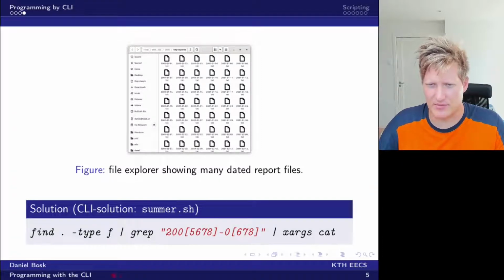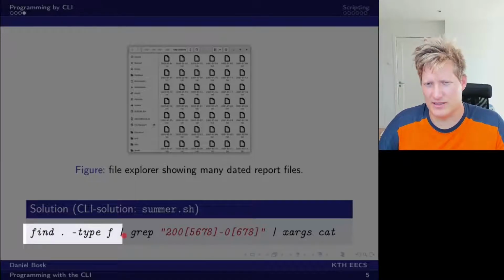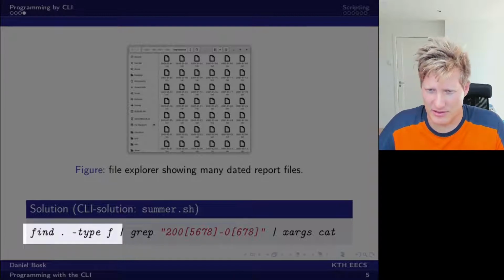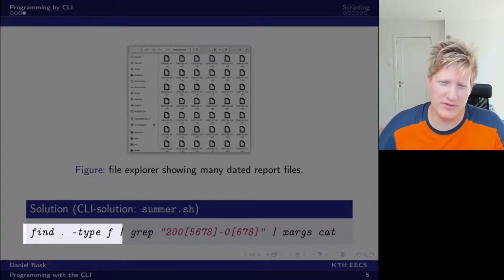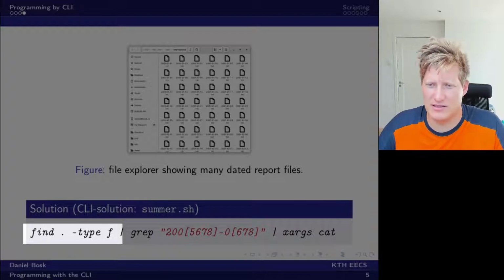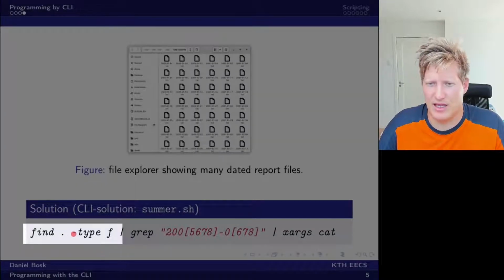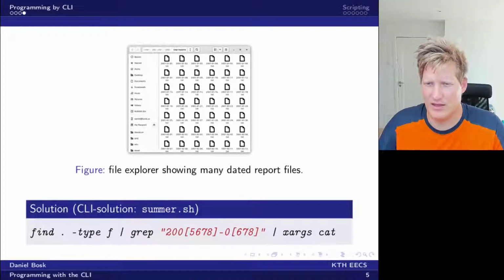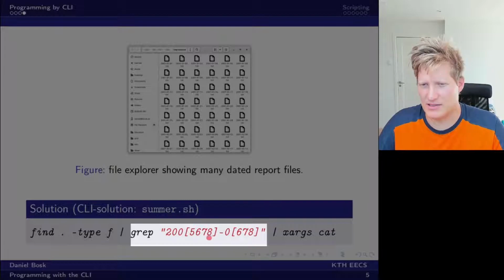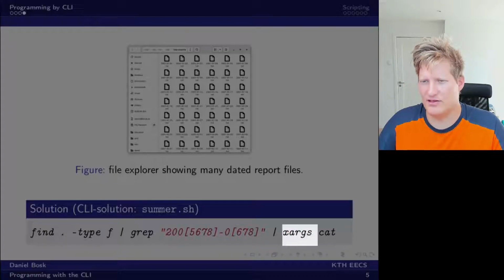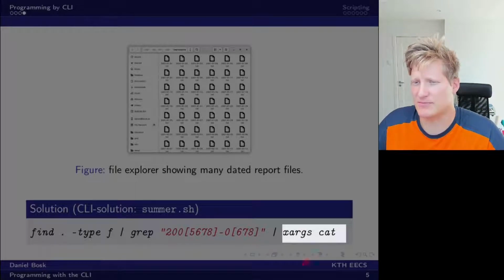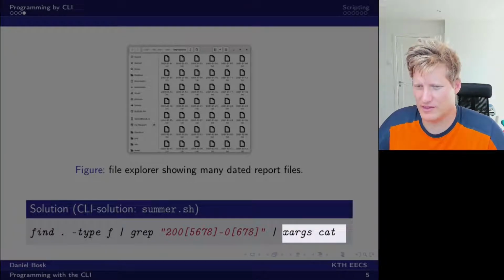If all files are in the same directory, we can replace this part with ls only, but this one allows us to do this across directories as well. The first part simply lists all the files that are available. The grep utility filters them based on the years 2005, 6, 7, 8 and the months 6, 7, 8. And then the final one simply prints the contents of these files.